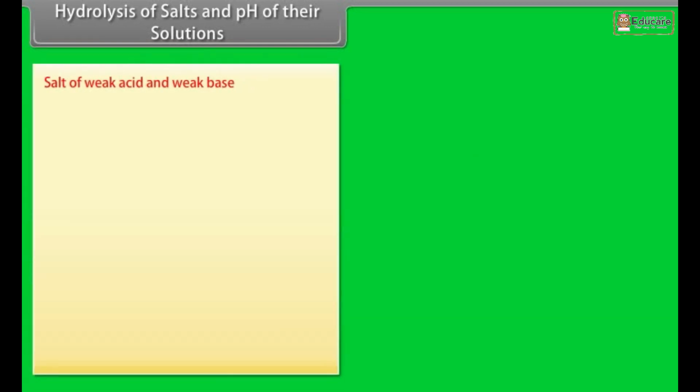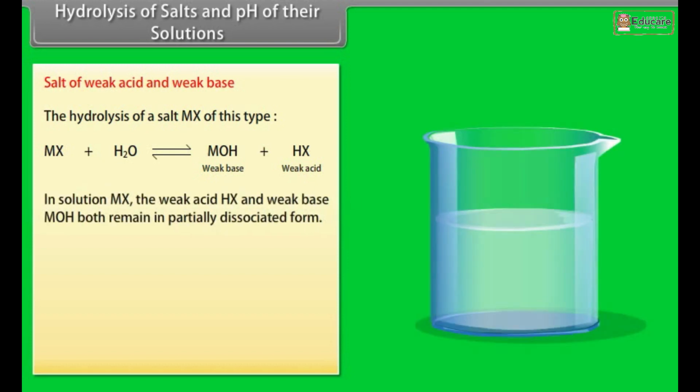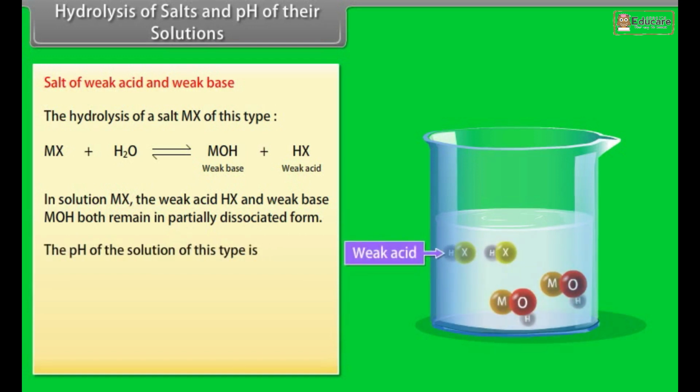Salt of weak acid and weak base. The hydrolysis of a salt MX of this type: in solution MX, the weak acid HX and weak base MOH both remain in partially dissociated form. The pH of the solution of this type is pH = 7 + 1/2 (pKa - pKb).